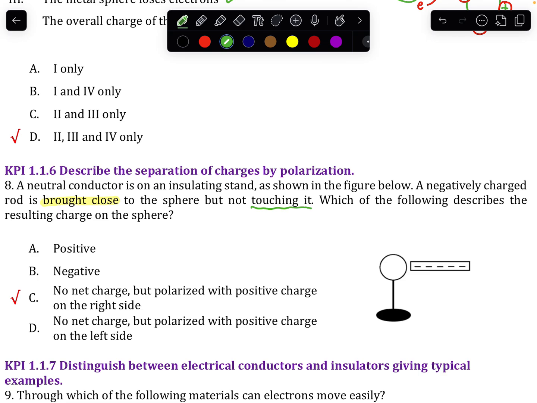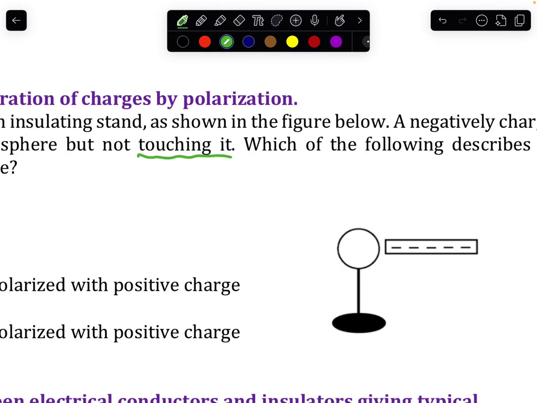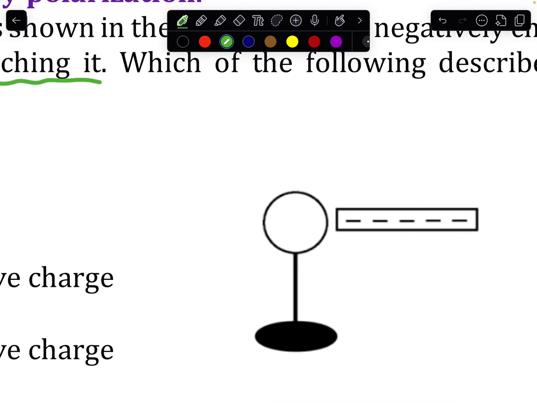Which of the following describes the resulting charge on the sphere? This is a really tricky question. However, I know when I have this negative rod, electrons are going to get repelled to the other side, leaving positive charges on this side.